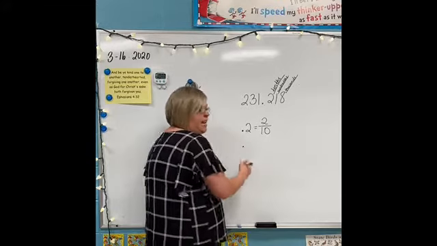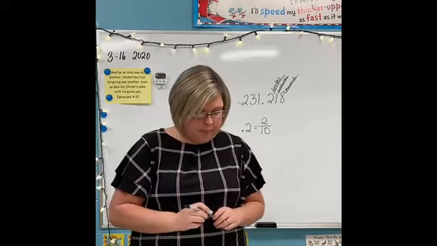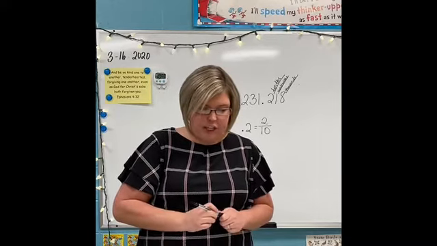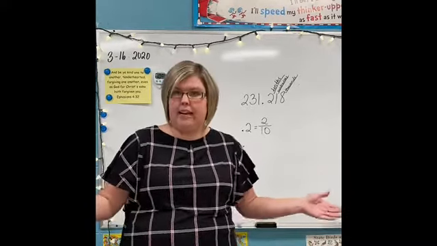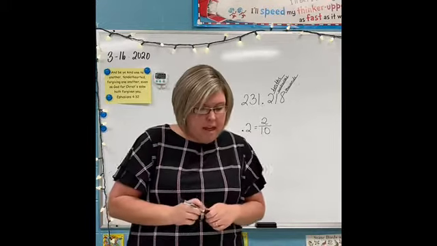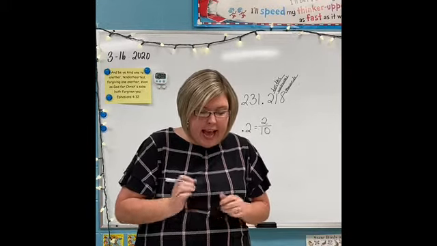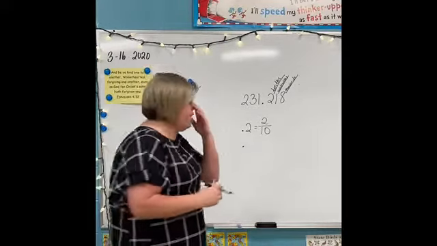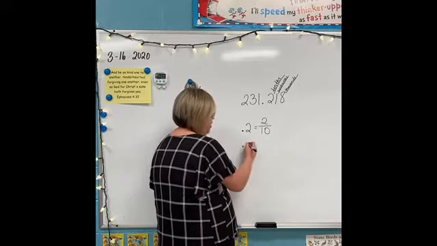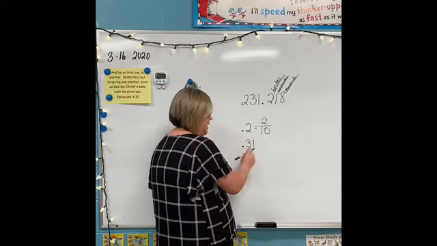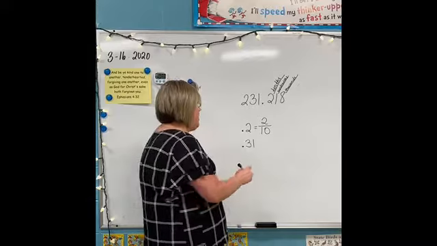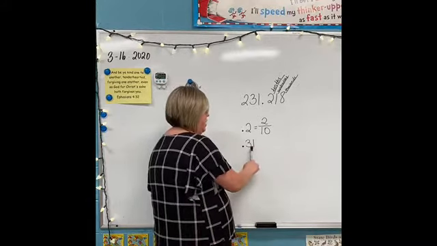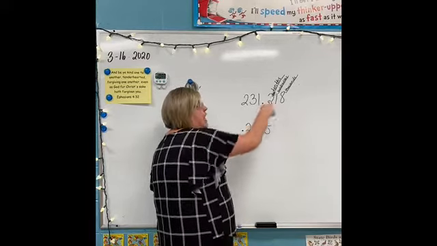Let's say I had another number. Look at the yellow box. Number 2 says to write a tenth as a fraction, you just place it over 10. We know that. Number 3, to write a hundredth as a fraction, you place the number over 100. In order to write hundredths, the decimal has to have 2 places. So if I have the decimal 0.31, it's 1, 2, so it's in the hundredths place.